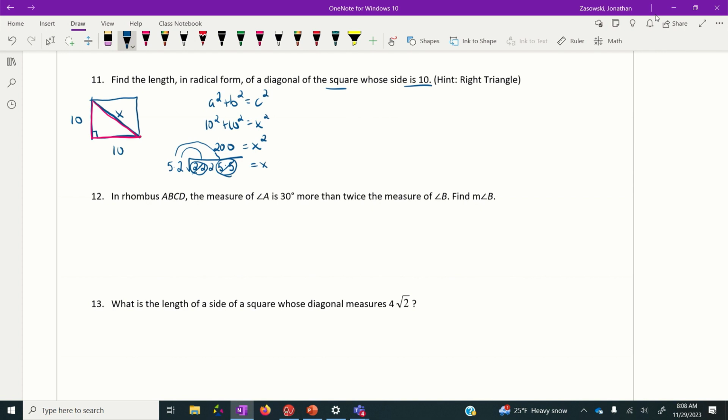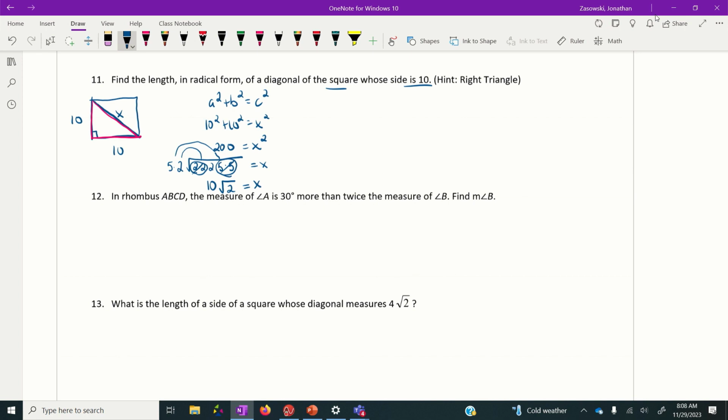So when I write my final answer, I'm going to multiply the numbers outside the radical together. 5 times 2 is 10. And then we're left with a square root of 2, or a radical 2, because that's the only number that's left in the radical. We didn't have any extra pairs, so that's our answer.